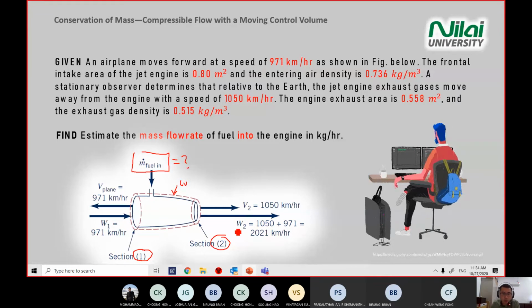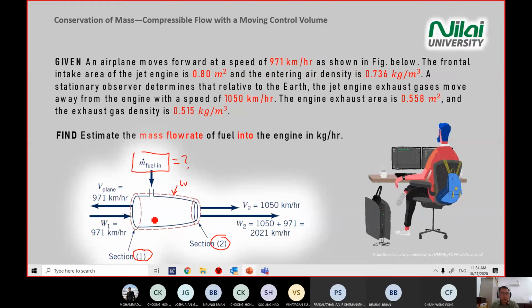And then we're going to look at W2, section 2. So imagine you are the air particles. You go into the engine and then you're going to push out from the exhaust with the velocity 1050.